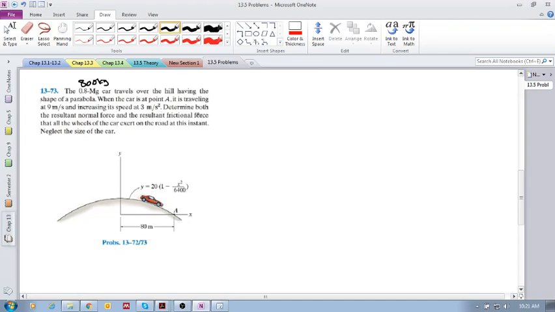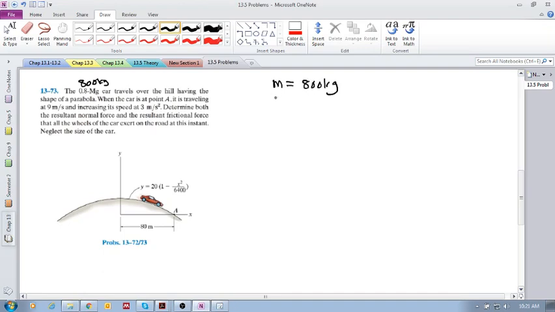Increasing its speed, okay. Determine both the resultant normal force and the resultant frictional force that all the wheels of the car exert on the road at this instant. Neglect the size of the car. Okay, well, let's just extract the information. We know that the mass is 800 kilograms.